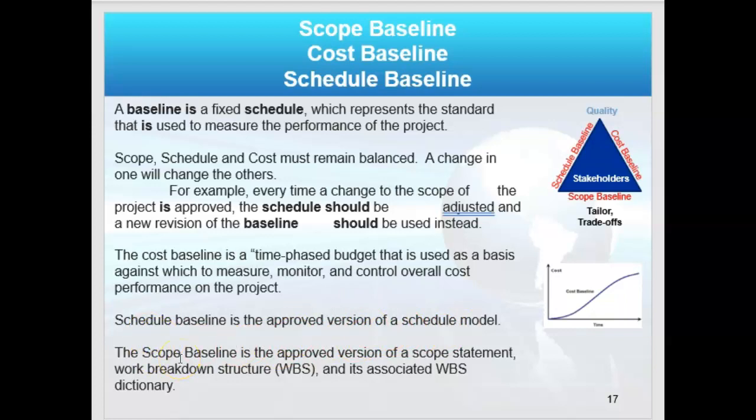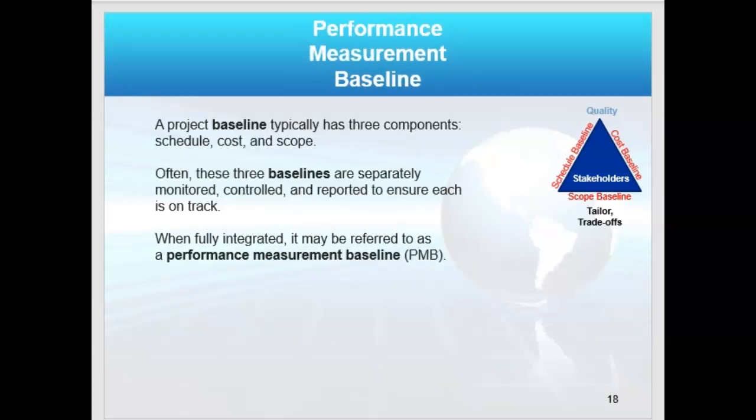And a scope baseline, by definition, is the approved version of three things: the scope statement, the work breakdown structure, and the work breakdown structure dictionary. These three definitions must be memorized. Those are easy quiz and test questions. I mentioned already the performance measurement baseline. It's the collective, how we look at the baselines as a single entity of these otherwise three individual components, right, when fully integrated.